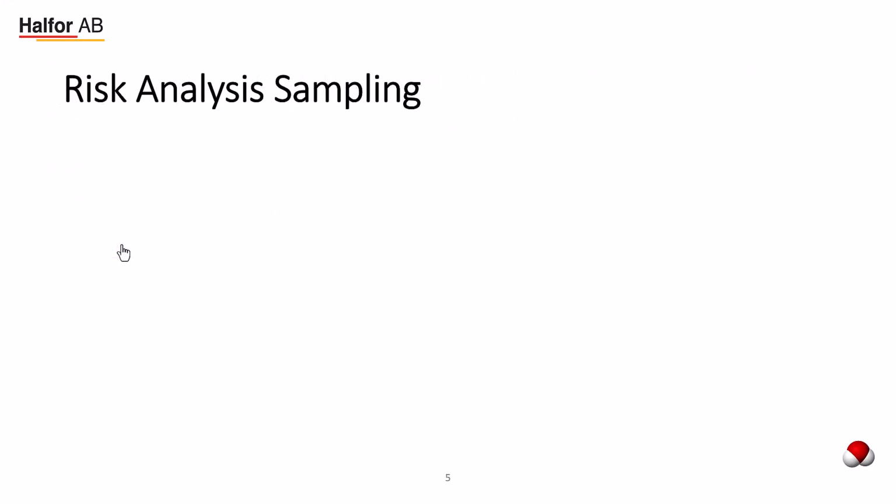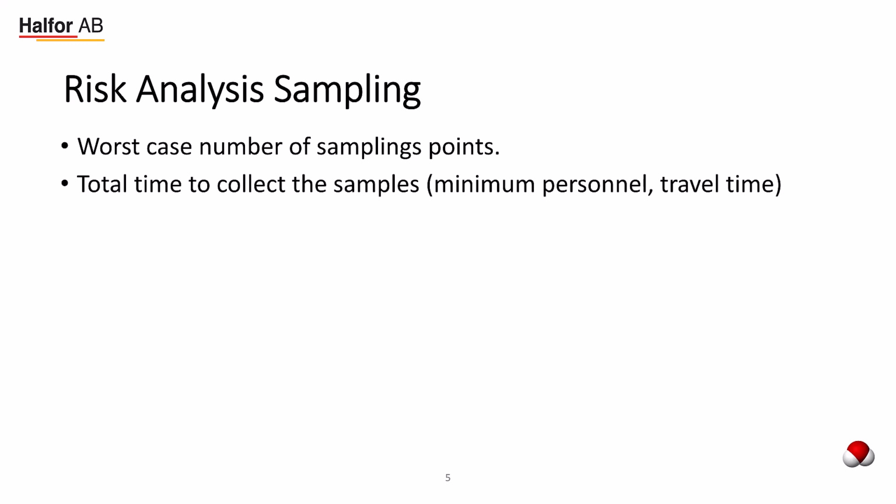Looking at the risk analysis in regard to sampling, what is the worst case number of sampling points that could happen if you look at your water network? Also, importantly, what is the total time to collect the sample?